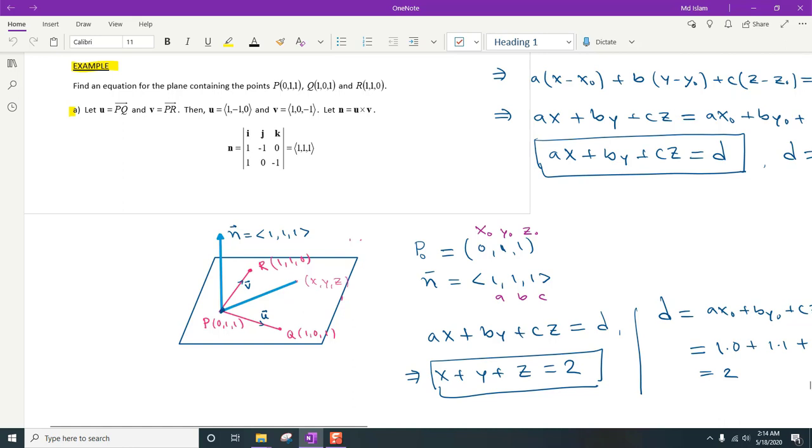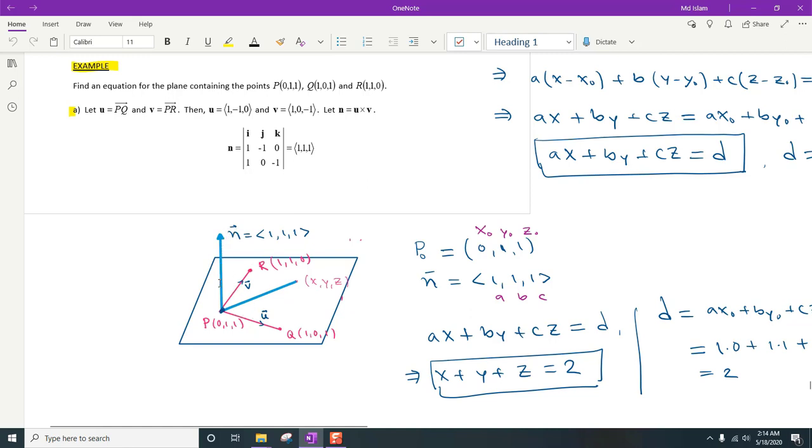Now, from the lecture on cross product, we learned that if we take the cross product of two vectors u and v, then u cross v would be perpendicular to both u and v. So if we take the cross product of u and v, it would be perpendicular to the plane.